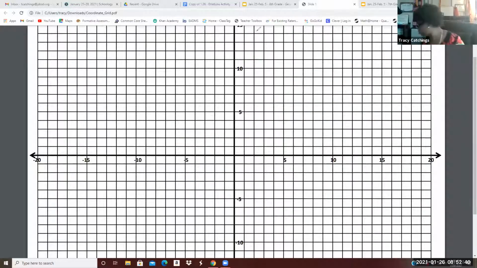All right, let's try graph 3. All right, A, where's A? 2, negative 1. All right, give me a second to plot it. All right, where's B? Is that B? 2, negative 3? Yup.